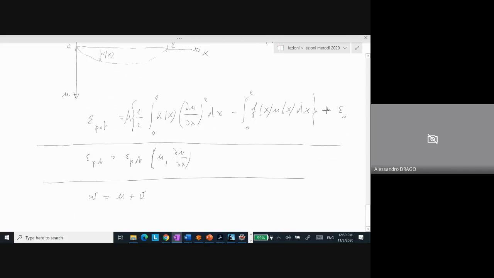So what I'm claiming is that the potential energy evaluated at this omega is always larger or equal, in the trivial case in which v is 0, to the potential energy evaluated at u. This is true for all v. Okay, this is what we are going to demonstrate now.